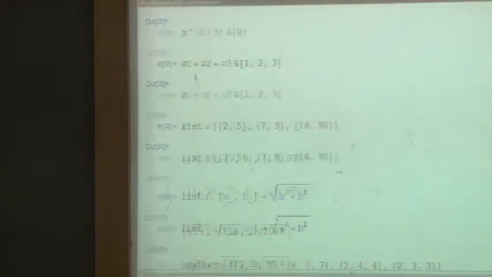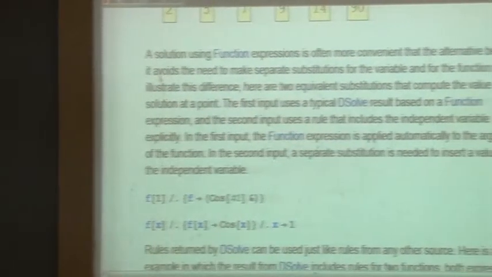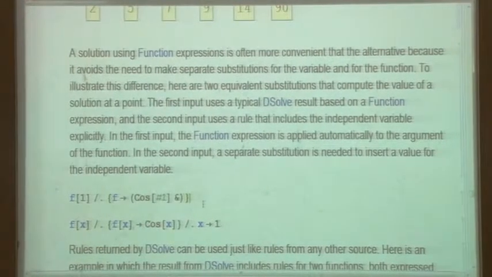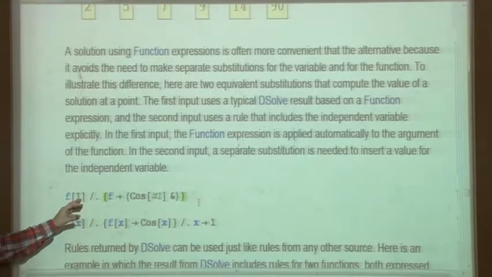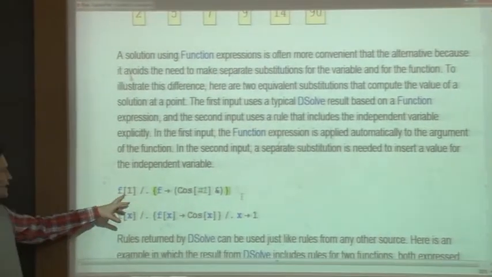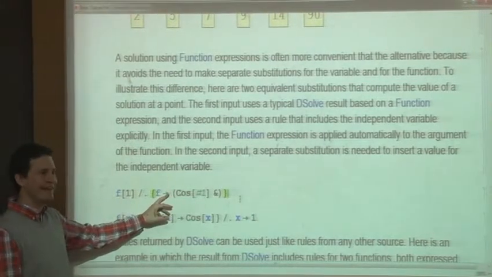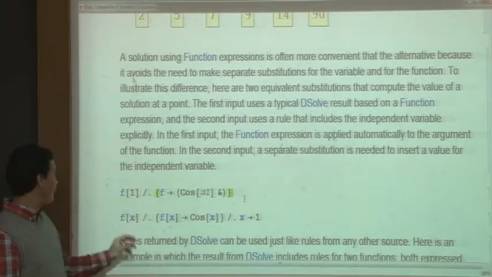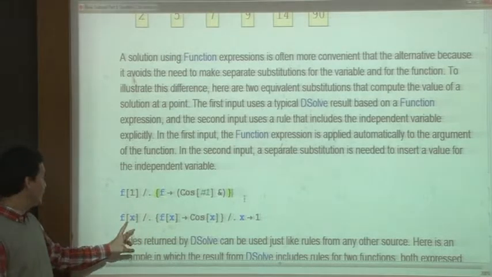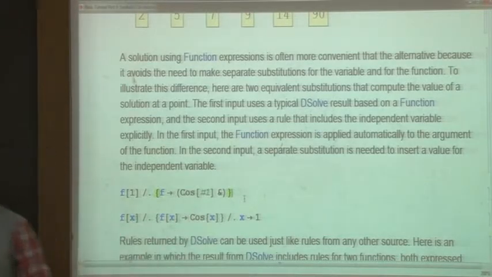Now the beauty of this is that we can see how easy it is to replace and get the actual values. If I use a pure function, I just need to do one substitution here, because everything will be taken care of. But if I use the traditional approach, then I need to replace f and then I need to replace x. So it's a matter of efficiency, that's all.